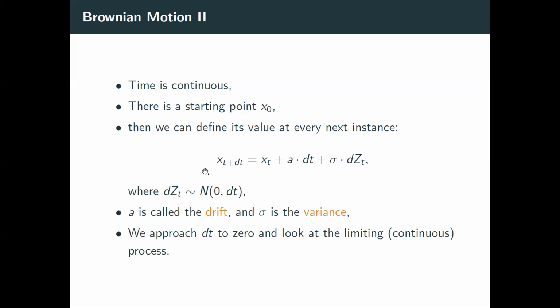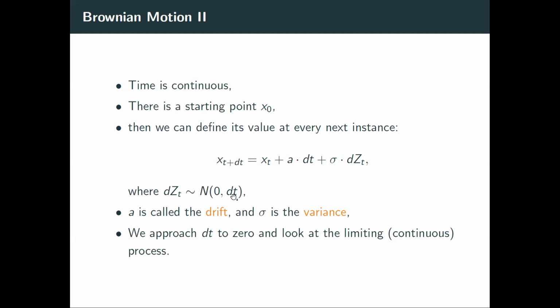Then in the very next instant, x at t plus dt is equal to the previous value of xt plus some deterministic change, a times dt, that is, within dt the slope is approximately a, plus again some unpredictable part. Here the unpredictable part is a normally distributed random variable, where sigma is the standard deviation.